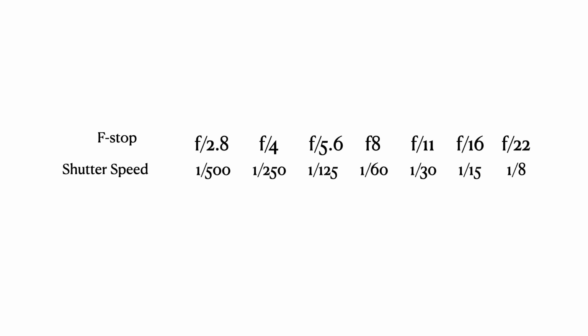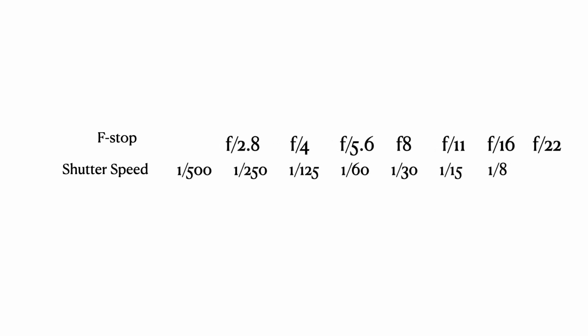Now here's where ISO comes in. ISO affects the sensitivity and makes it where you need more light or less light. And what that effectively will do is shift these numbers. So now suddenly at f8 you need a 30th of a second, and f11 is 1/15th of a second.